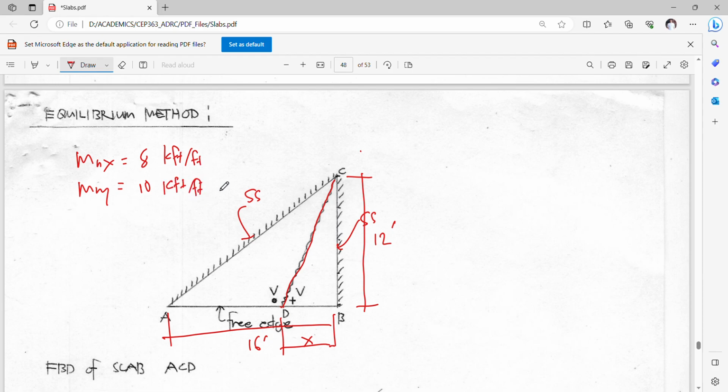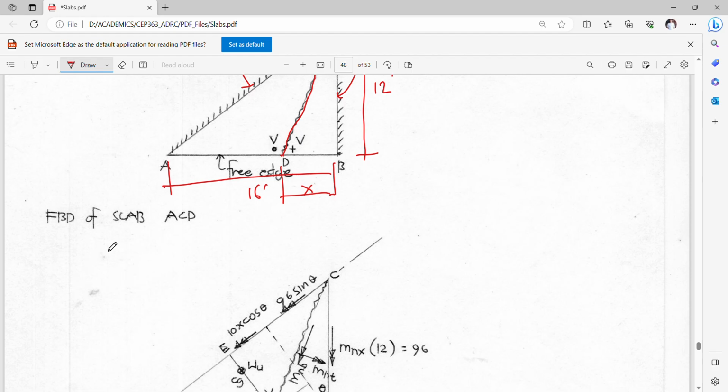The solution that I showed here is actually discussed in my derivation, so just see the derivation of the equilibrium equations for shear in my previous video.